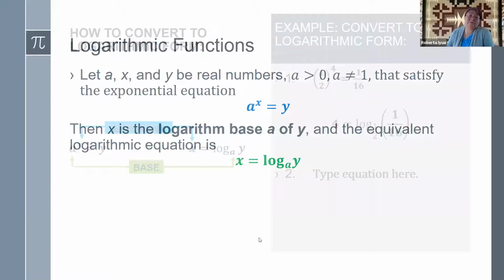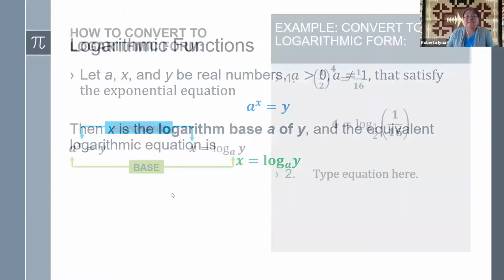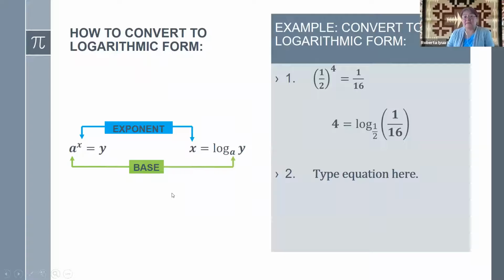Here is how to convert to logarithmic form. It is just the same as the exponential form, but you go in reverse, so they interchange with each other. My first example is 1/2 raised to the 4th equals 1/16.